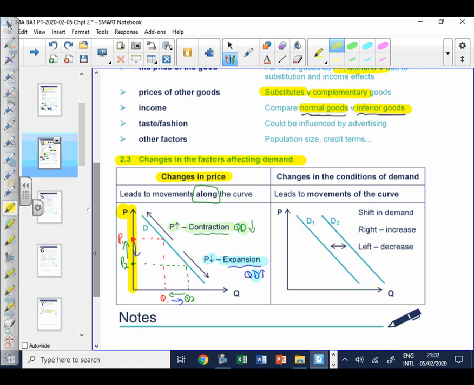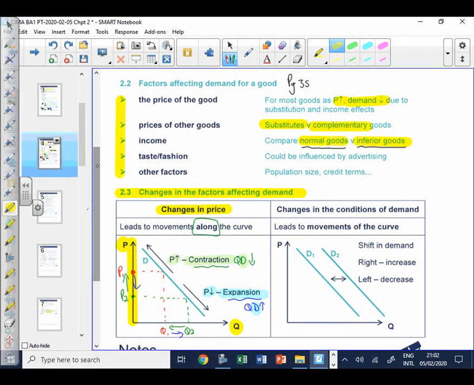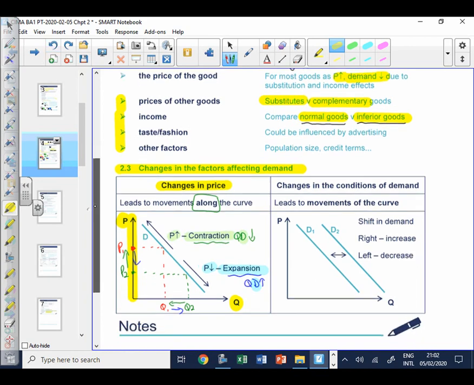However, if you change something that is not price and quantity related, in other words, you change one of those factors, price of other goods, income and so on, then that could change the entire demand. At the same price, because of other factors, suddenly you demand a different quantity. Then we call it a shift in demand in general.